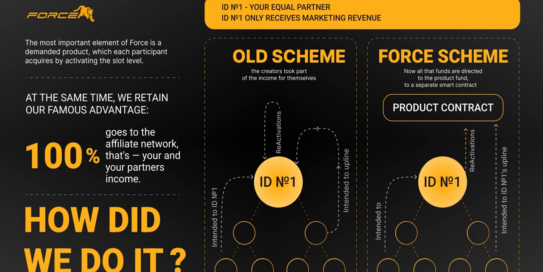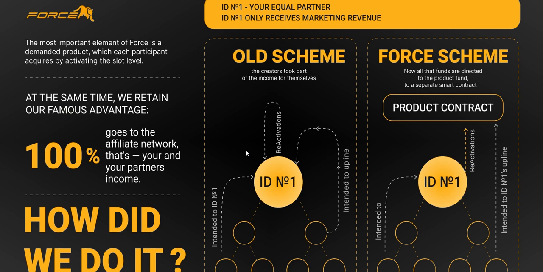Now let's talk about the main difference when it comes to the old program and the new program. The old program used to have one ID. So this ID number 1, which is the first ID that was created by the developers, used to get all the money. So basically every time we did reactivation, every time we did a cycle, the money would go to this ID. So basically the developers were getting the money. But now Lado changed that because it didn't benefit the communities, it benefited the developers more.